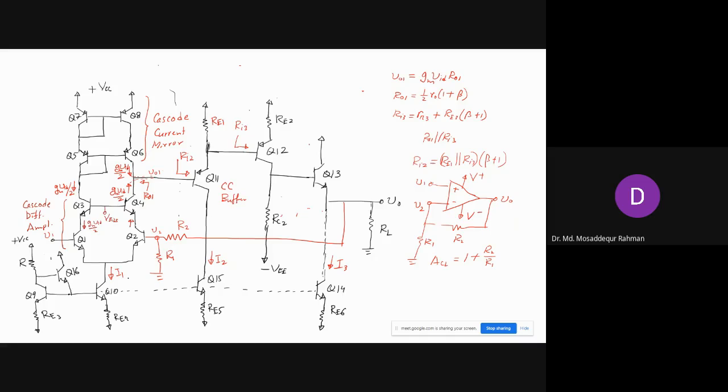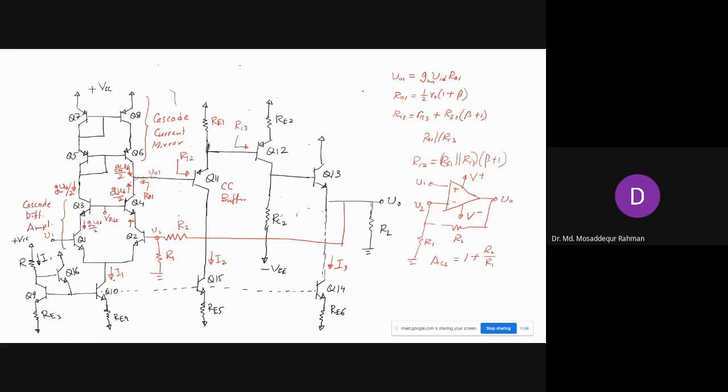You produce one current here that we call I. This current I will be reproduced, but at a different amount. That will be determined by the ratios of these resistances RE3 to RE4 or RE5, RE6, right?